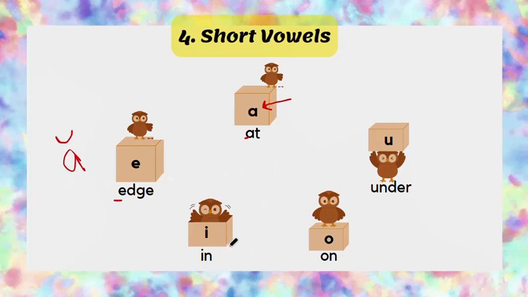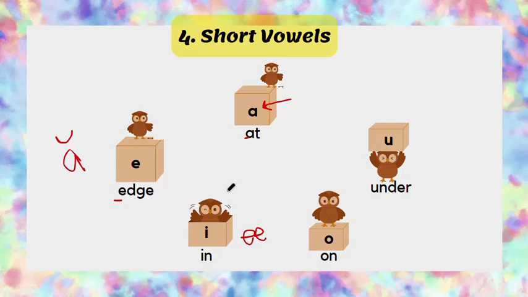Now we have in. This is the most mispronounced sound. When it comes in words, we don't mispronounce it. But when we say it separately, most of us mispronounce it. We say it E, but it's neither E. E is the long E sound. Say the word in.